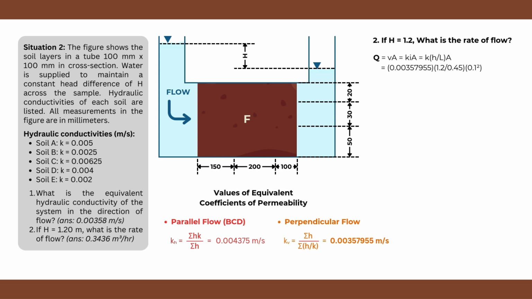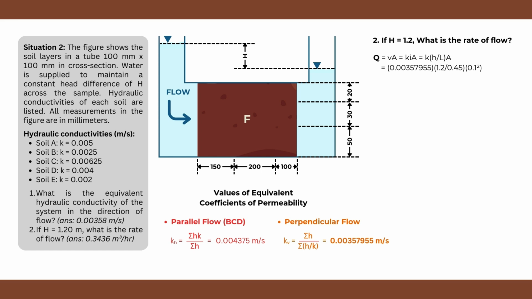If you want the nearest accurate value, you can also store it in your calculators. Then, to multiply, our hydraulic gradient, which is a height of 1.2 meters, divided by the total length, which is 150 plus 200 plus 100, equal to 450 millimeters.